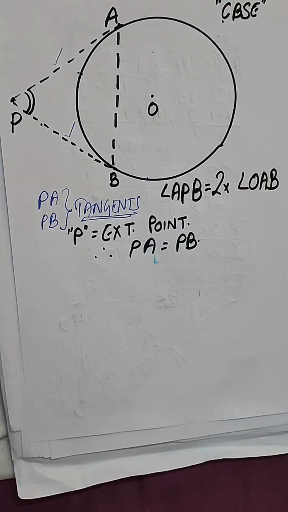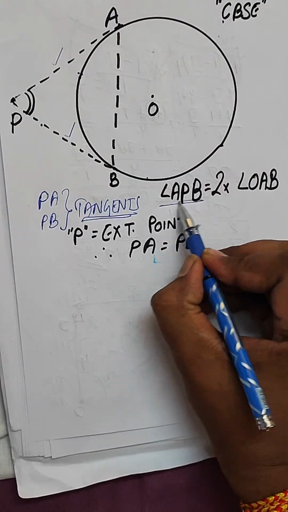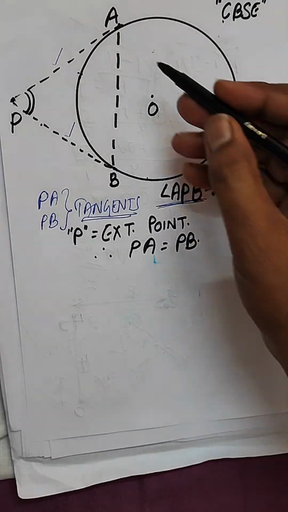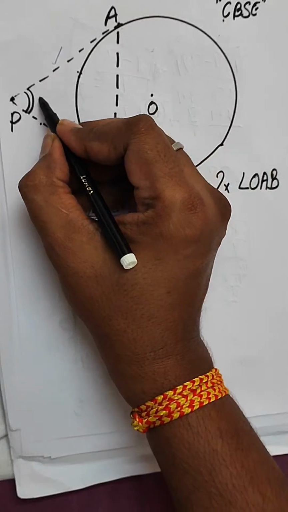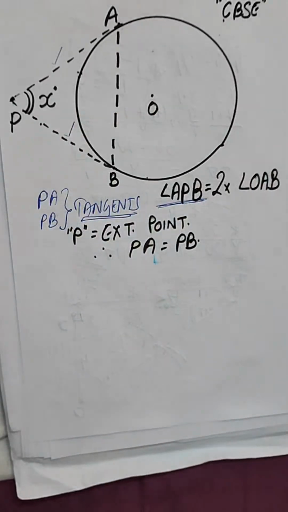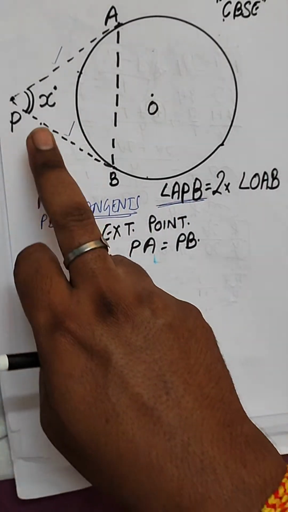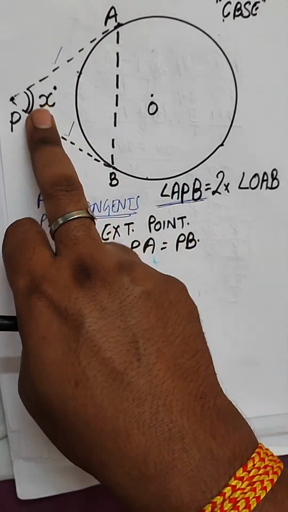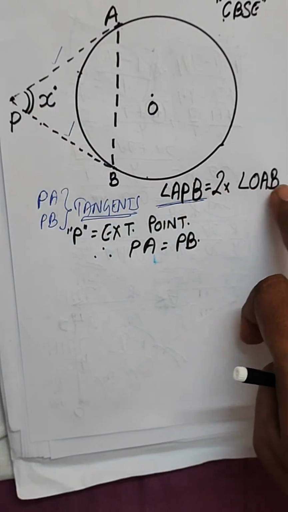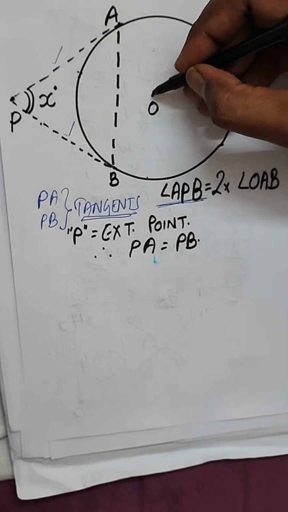We need to prove angle APB. This is angle APB, and let us say it is angle X. We need to prove that this angle X is equal to 2 times angle OAB.